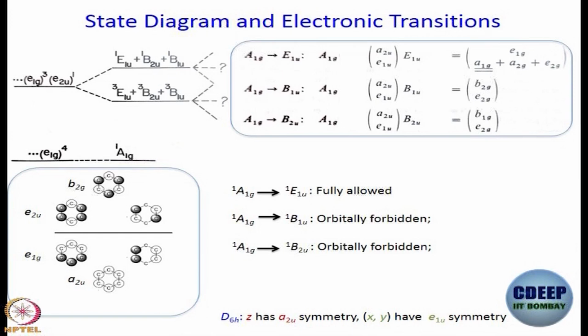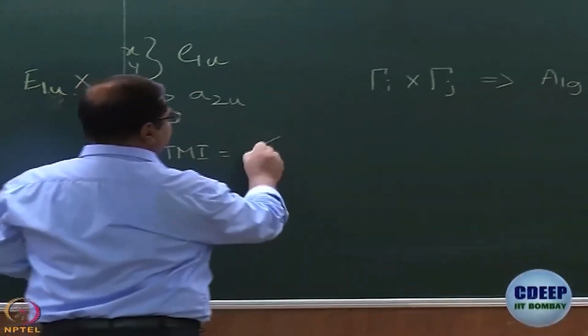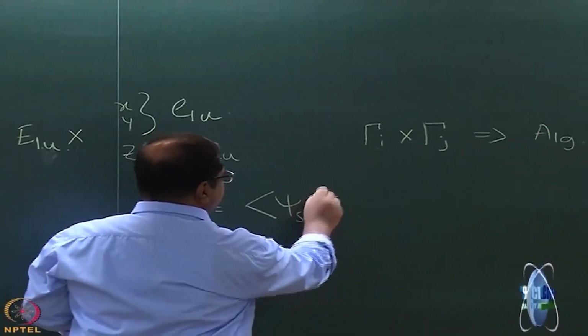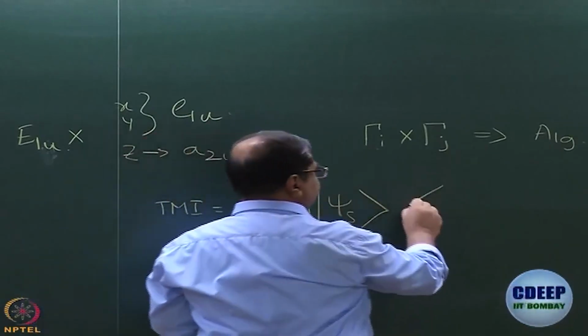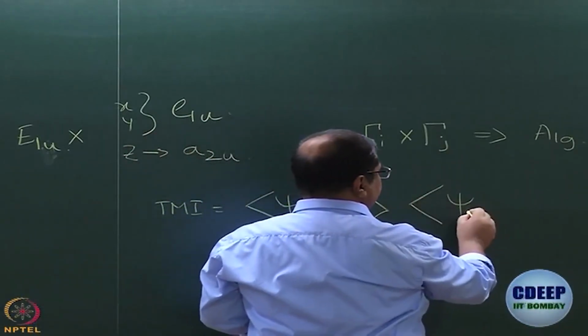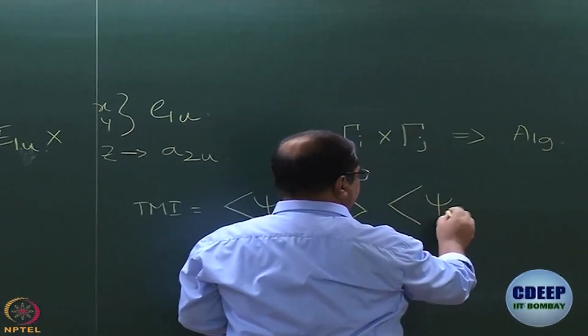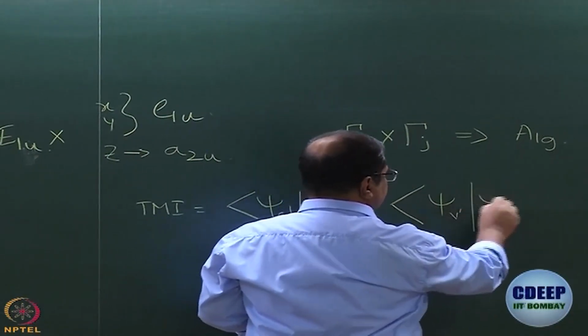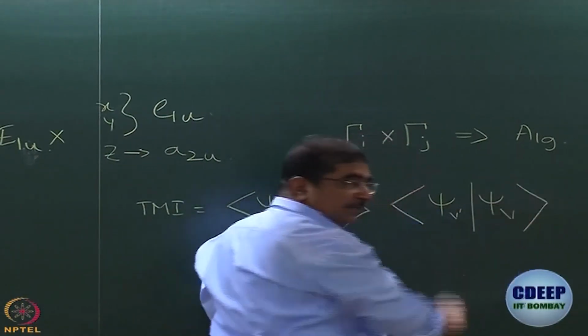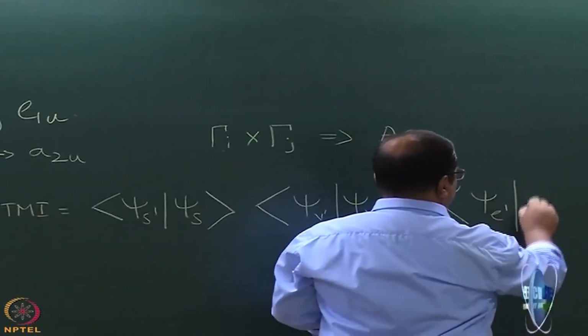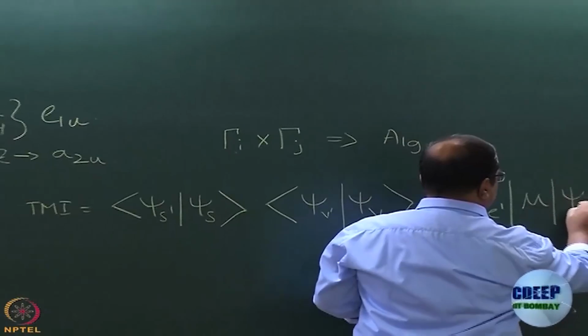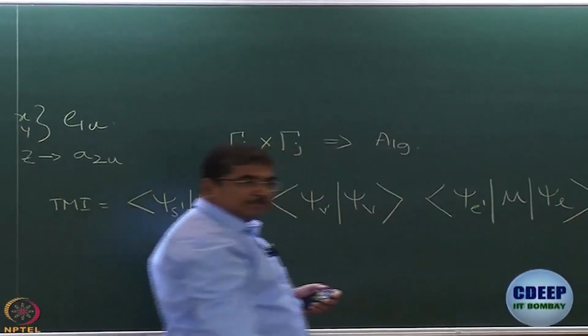Remember what the transition moment integral is, or how we wrote it. We wrote the transition moment integral as the integral of psi s dash psi s over all space, times the integral of psi v dash psi v over all space, times the integral of psi e dash mu psi e over all space.